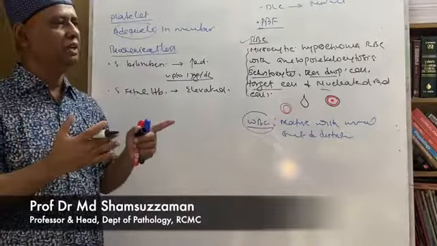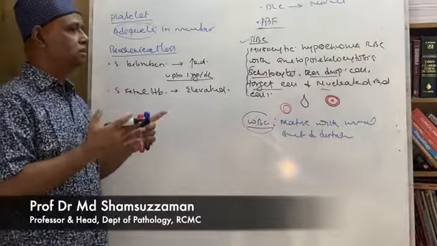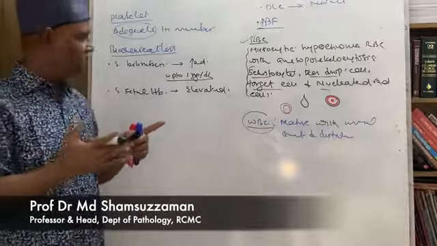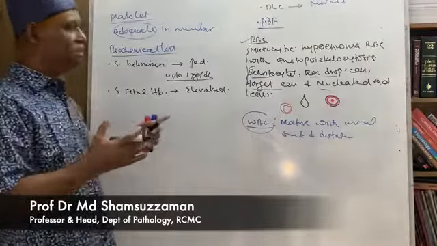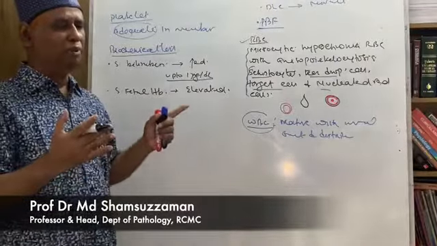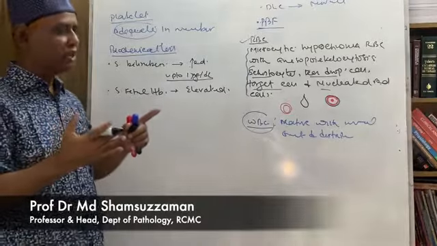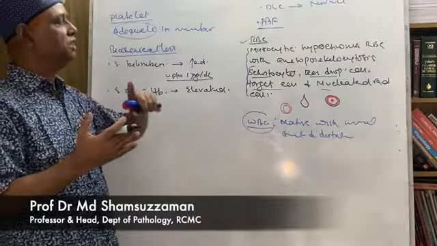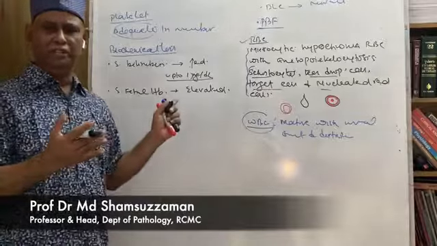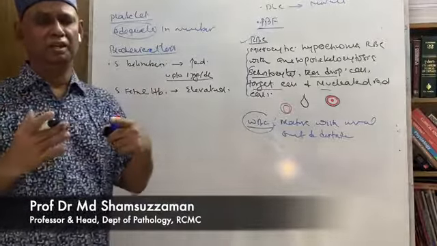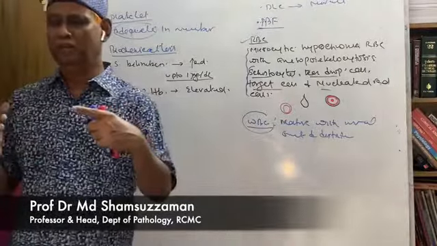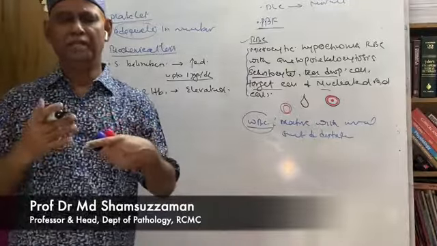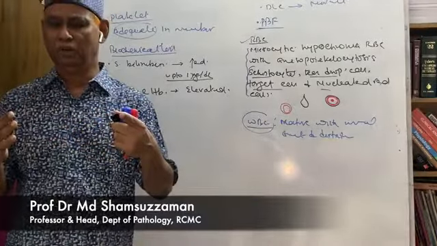And if you see the oxyhemoglobin dissociation curve, the baby having more and more fetal hemoglobin, the oxyhemoglobin dissociation curve is shifted to the left. What does it mean? It means the fetal hemoglobin has more affinity for oxygen.